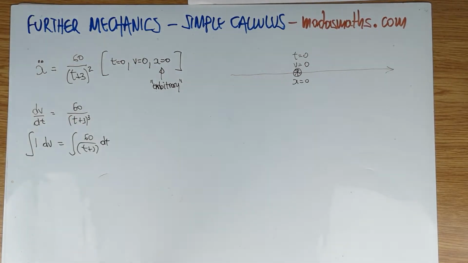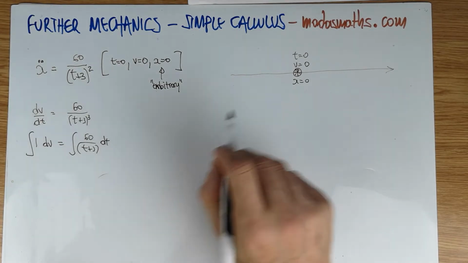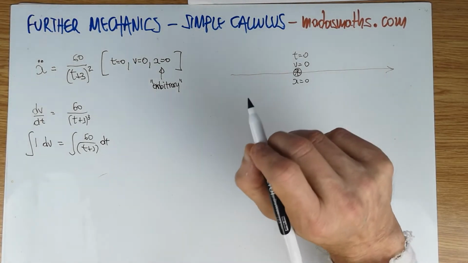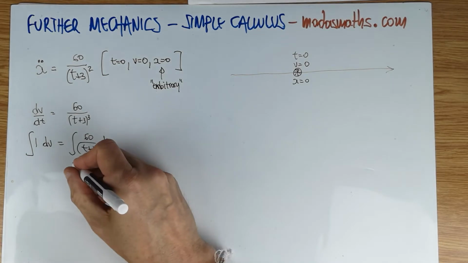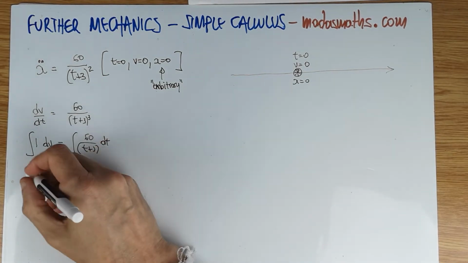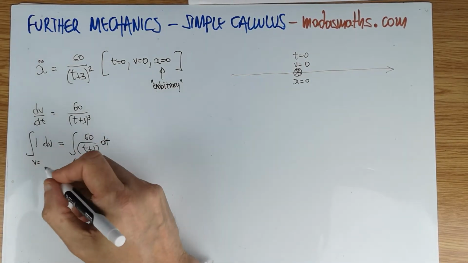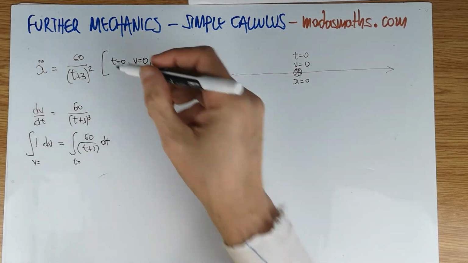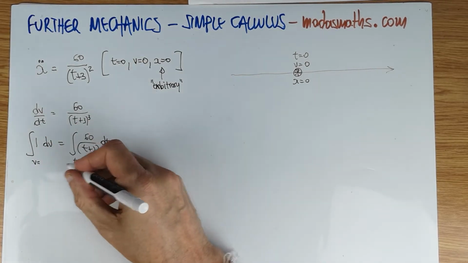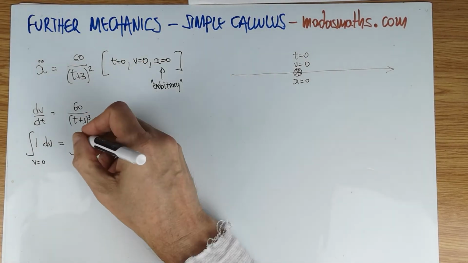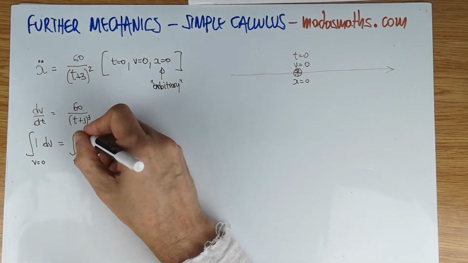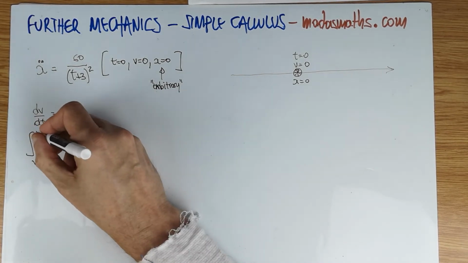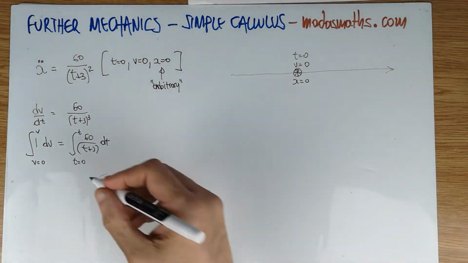Integrate both sides. I'm going to put the conditions in. Do they want an expression? Yeah, an expression. So when t is equal to something, there's a v to go with it. So this is going to be the condition: 0 for the t, 0 for the v. And if I want an expression, when t is t, v is v. Integrate.